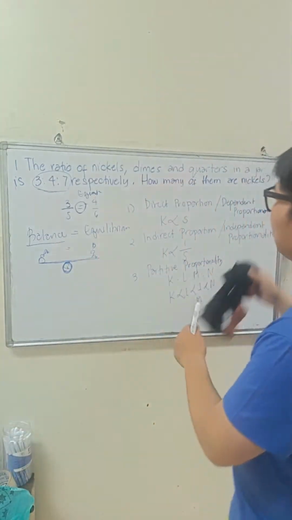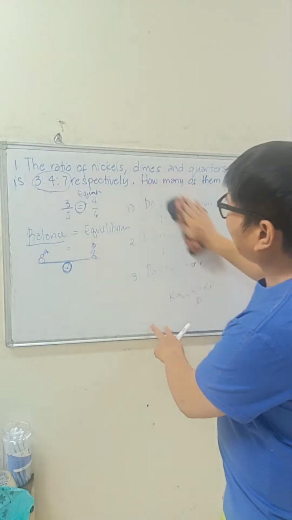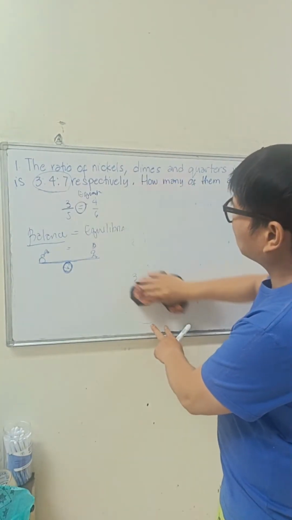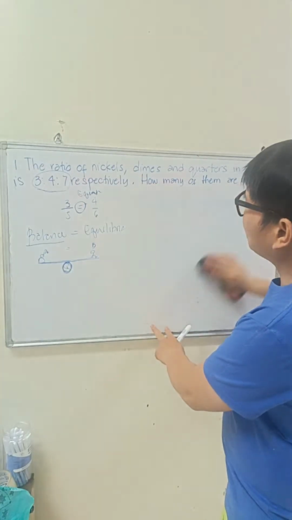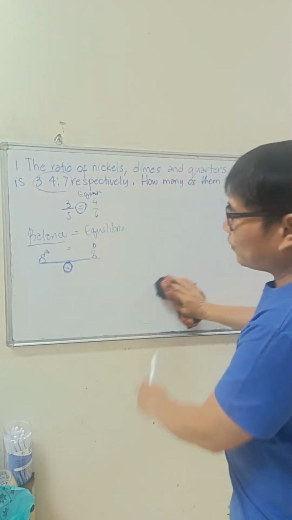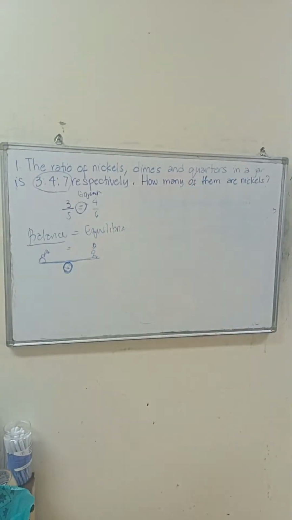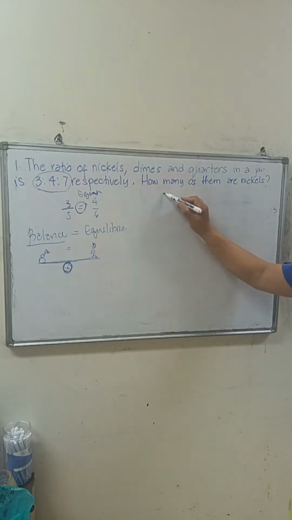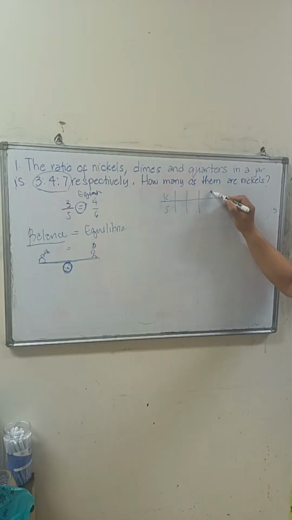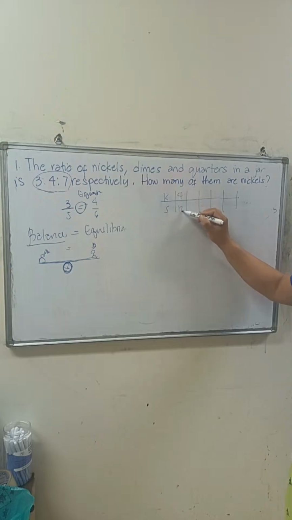For example, direct proportional. If there is a tabulation set of values, for example, this is K and this is S. If K is 4, S is 12.